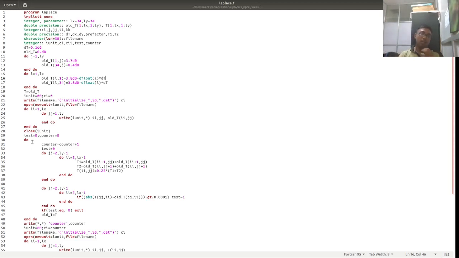It will depend upon the convergence criteria how long this do loop will work. At each step counter has a value at a particular point. Let's say it starts from 0, and at each iteration it increases by 1. Also we have a criterion that test is assigned a value of 0, and if test equals 0 is met, then we are going to stop our iteration.